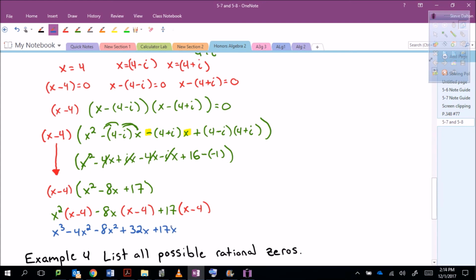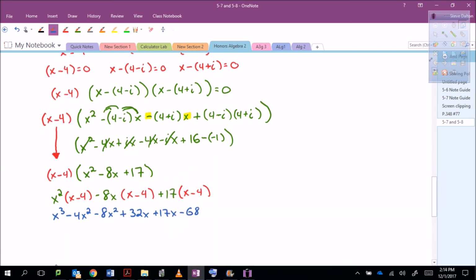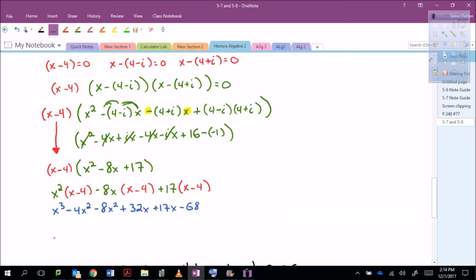And then it's going to be 17 times 4, so that's going to give us a 68, so there'll be a negative 68. Last thing I have to do is simplify and combine like terms. So x cubed minus 12x squared.